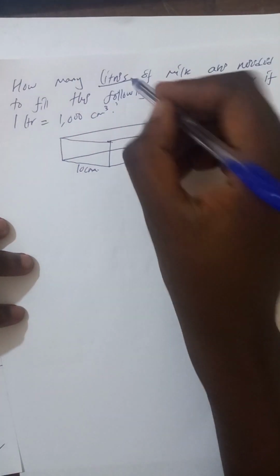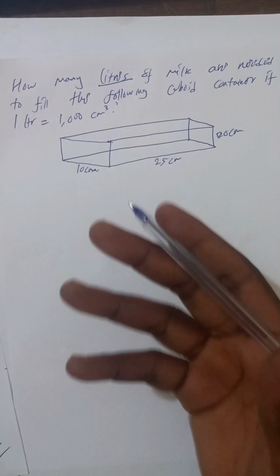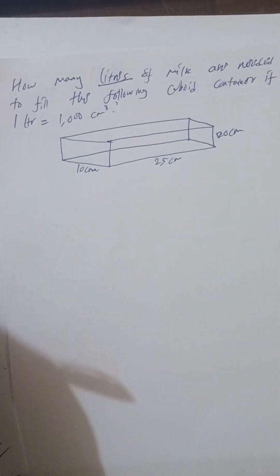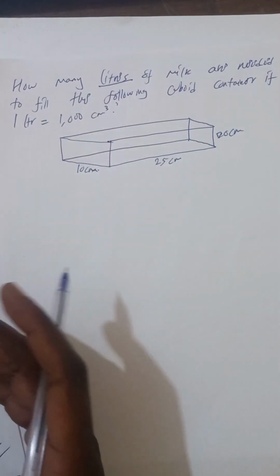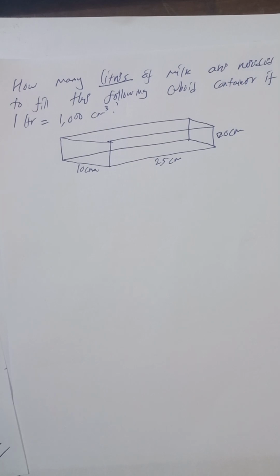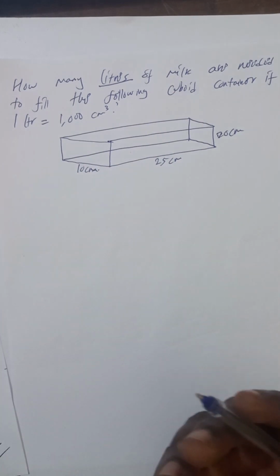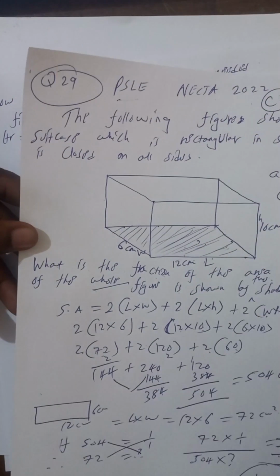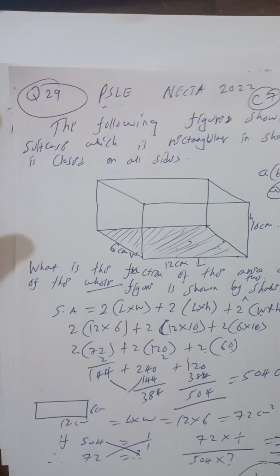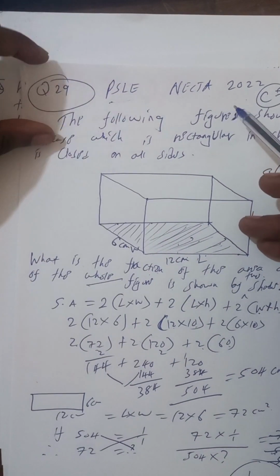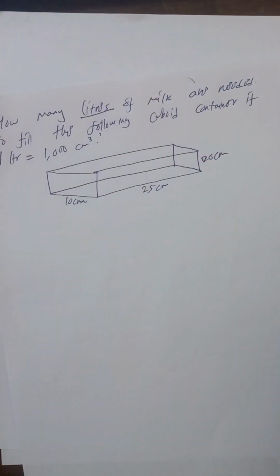So they're saying how many liters? You need to change your answer into liters. But this thing is asking for volume or capacity. And this, just like this, is a cuboid. Just like question 29 of the PSLE NECTA 2022. This is also NECTA 2022.